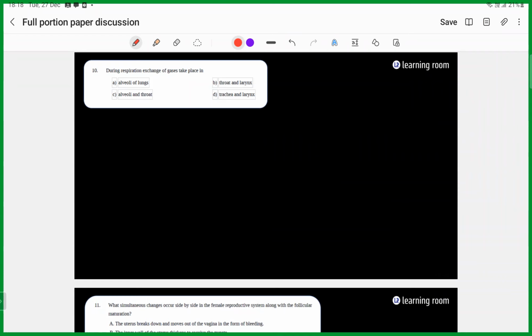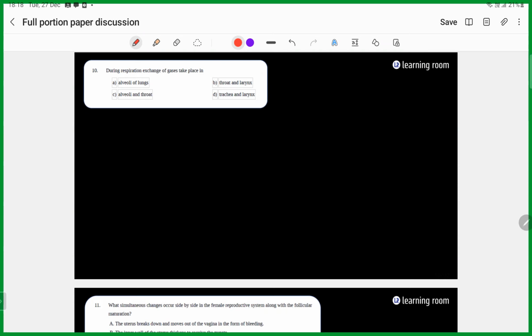Where does the exchange of gases take place? Alveoli of the lungs. Okay. So what are the other components of the respiratory system?